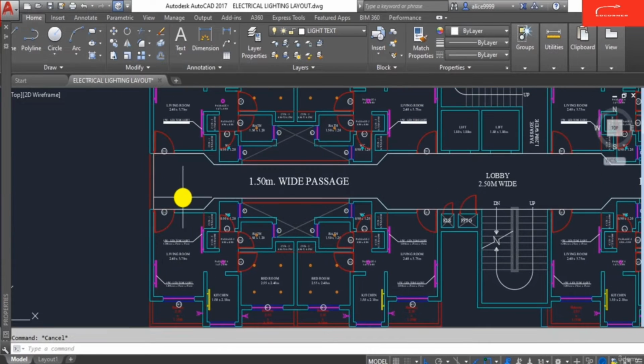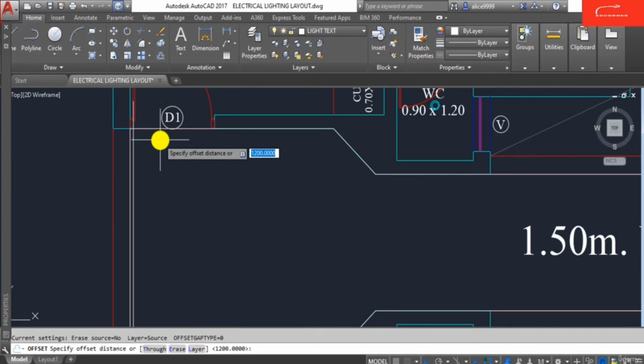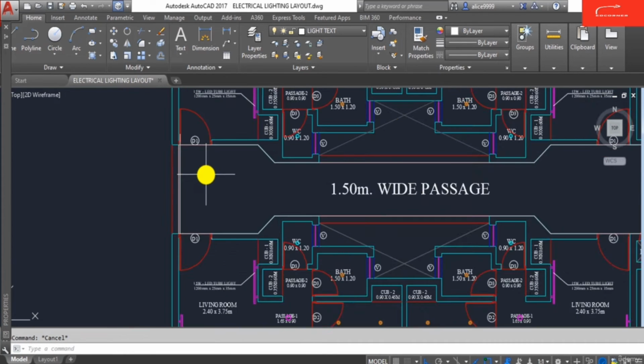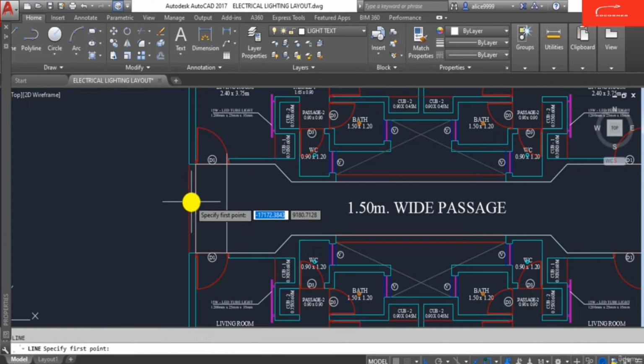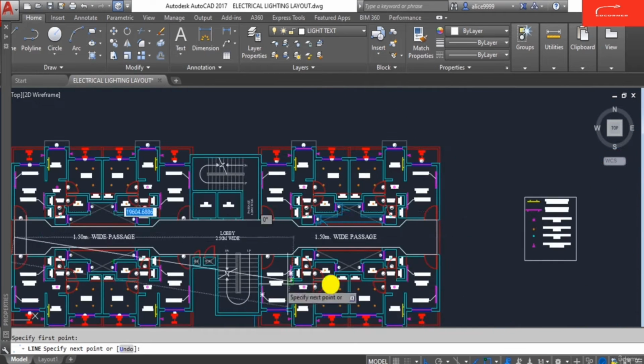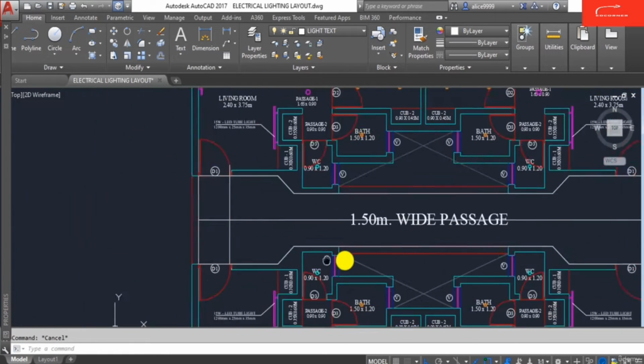So from here, I will start by the 900 mm from here and put the central line over here.